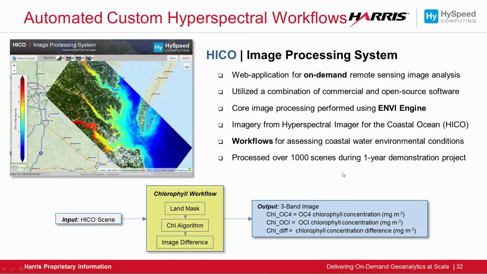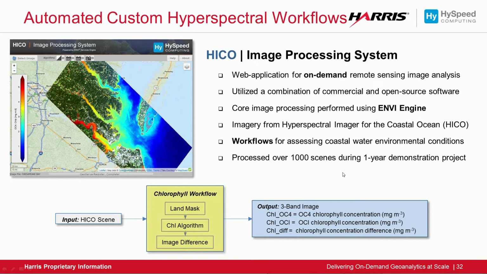So for example, what we're showing here on this slide is output from deriving chlorophyll concentration in the Chesapeake Bay. So in this workflow, once the user would select the Chesapeake Bay scene, the workflow would create a landmask so that we're isolating just the water pixels for further analysis. Then we do a spectral resampling algorithm to transform the HyCO data into CWIFS bands.